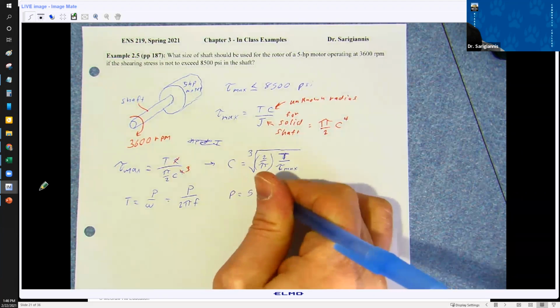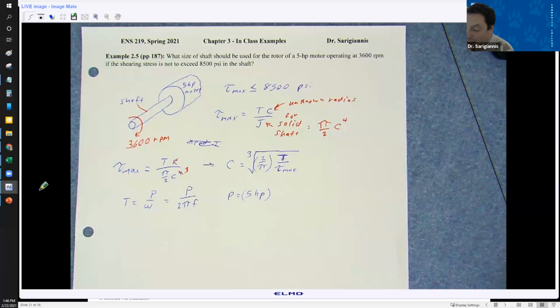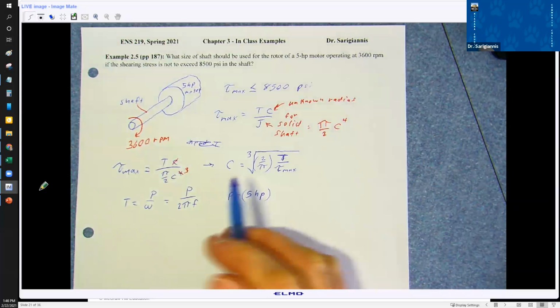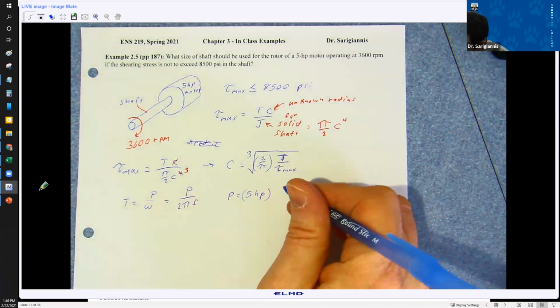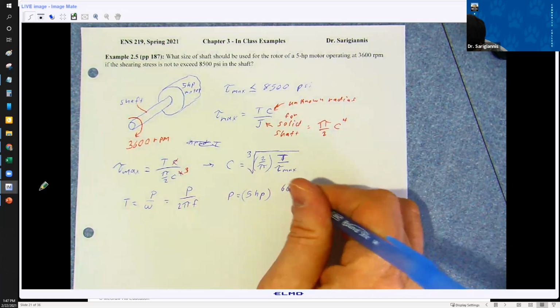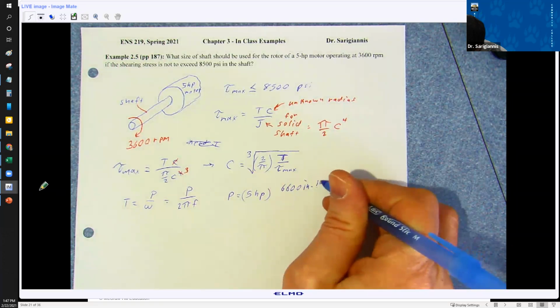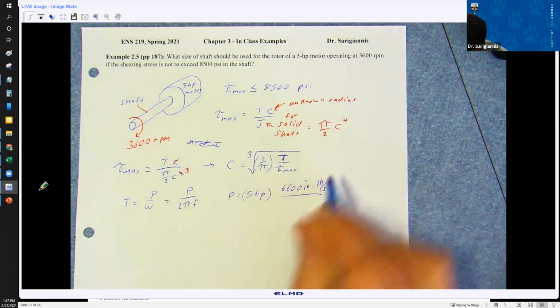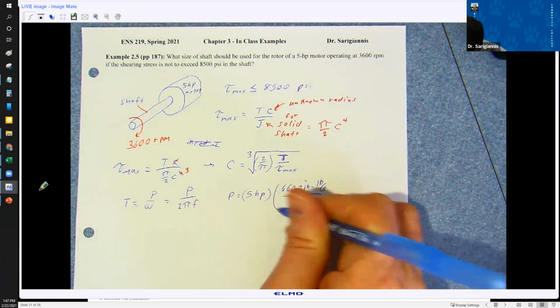We were given this has to transmit 5 horsepower. A lot of the information we have, we're going to be working backwards. We want to get some dimension of this, and we need to know some kind of power in terms of length units, right? So I'm going to introduce you to a conversion factor: 6,600 inch-pounds per second is 1 horsepower.